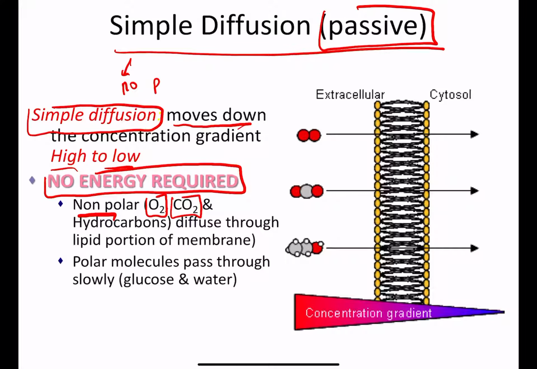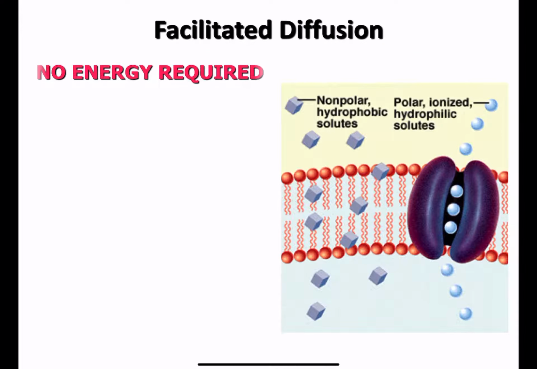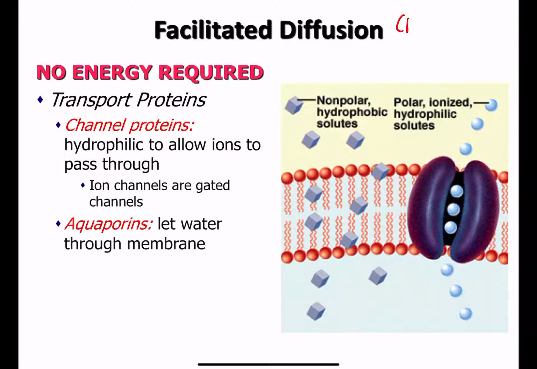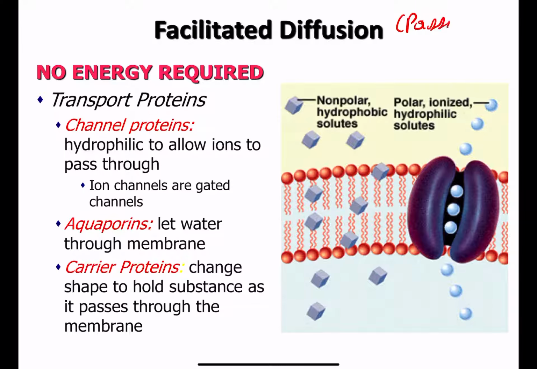So understand that. And if we talk about facilitated diffusion, we're still most definitely going to call this passive transport, right? Because it doesn't require ATP. No energy is required. But it does require some of those channel proteins, right? And so these proteins, the key thing is that each protein is specific to what it's letting pass through.